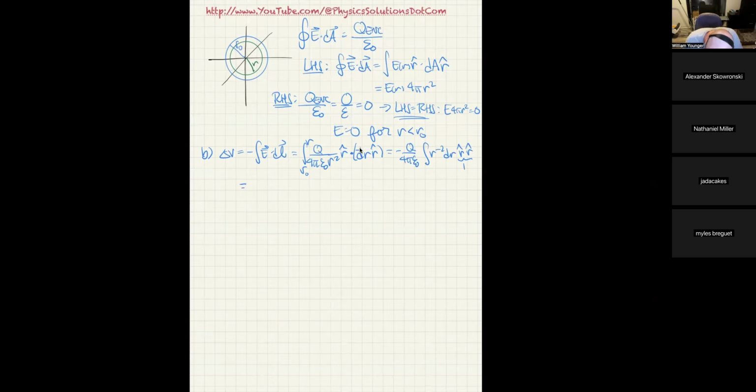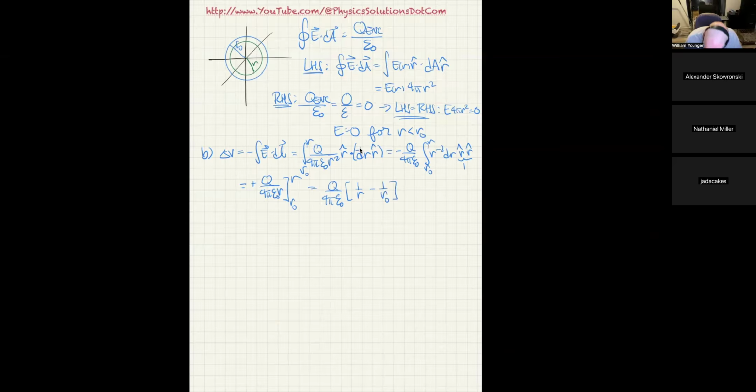This gives me positive Q over 4 pi epsilon naught R. Notice the negative is what made that come out positive, but now we have to evaluate it from R0 to R. In this case, you can see it's Q over 4 pi epsilon naught times 1 over R minus 1 over R0. And that's the change in voltage.